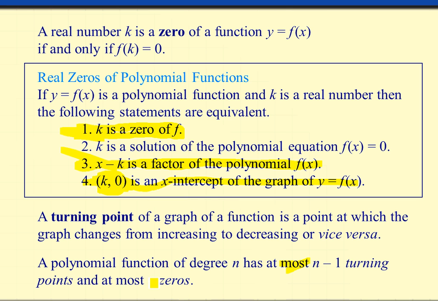And at most n zeros. So if we have a quadratic function, f of x equals something x squared plus other stuff, then the degree is 2, so it can only have 1 turning point, and a parabola does in fact have 1 turning point. And it would have at most, because the degree is 2, at most 2 zeros.